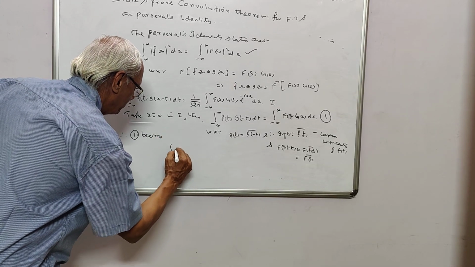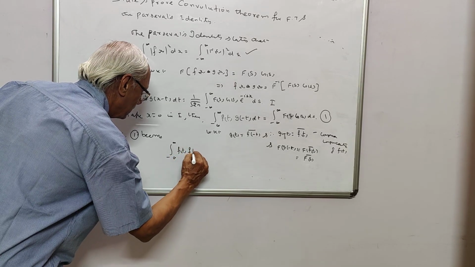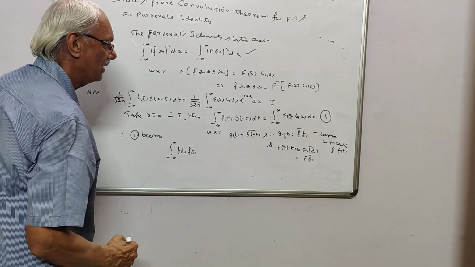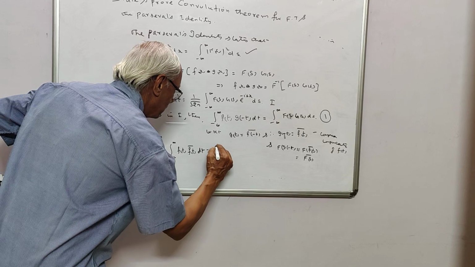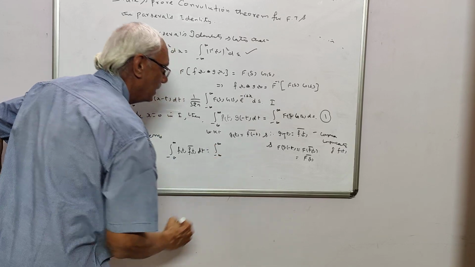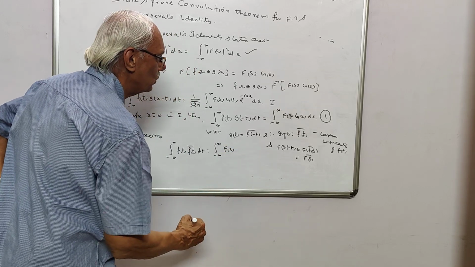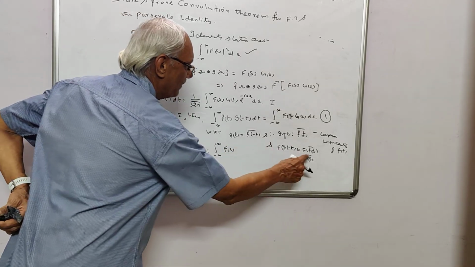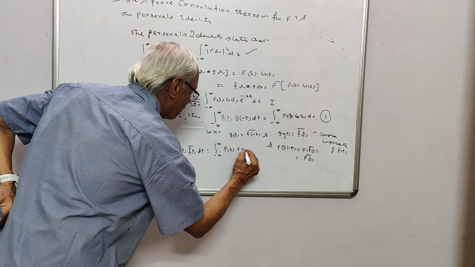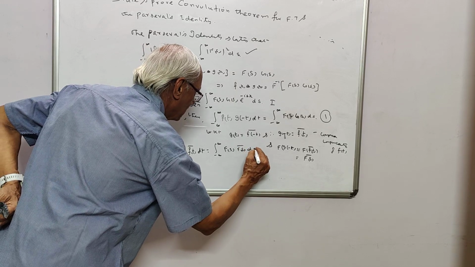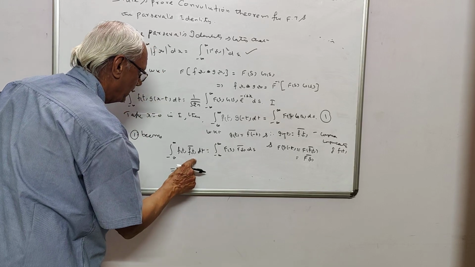Integral from minus infinity to plus infinity of f of t into f of t bar dt is equal to integral from minus infinity to plus infinity of f of s into f of s bar ds.